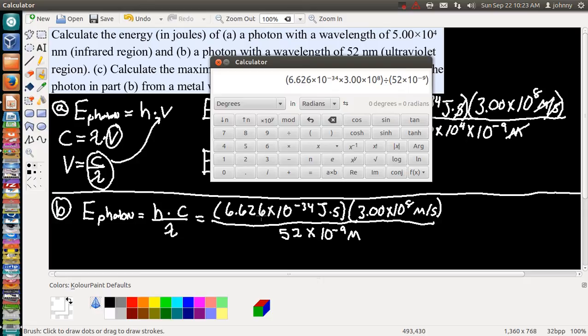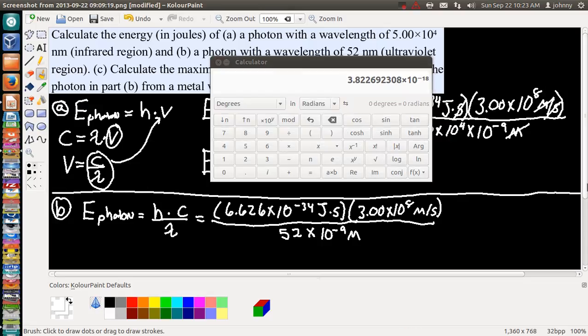But see, there's the top numbers, 6.626 times 10 to the -34 times 3.00 times 10 to the 8th divided by 52 times 10 to the -9, because that was 52 nanometers. Okay, I'm ready to hit equals, and I get that, and that number is correct. So let's write it down.